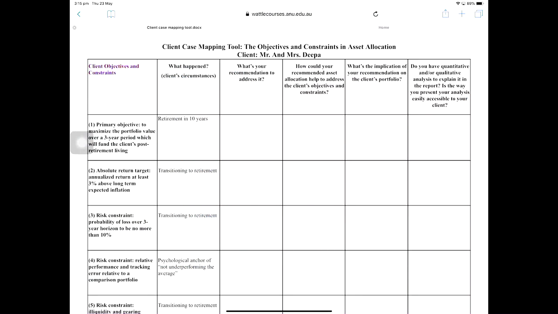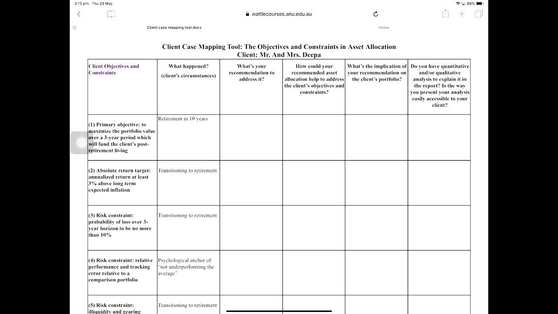I have modified the mapping tool in the context of the assignment to help you to construct the report, to address all of the constraints, objectives, and concerns of the client.